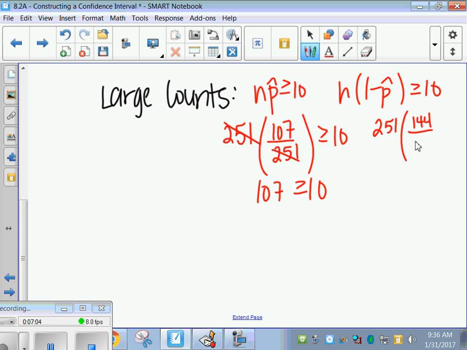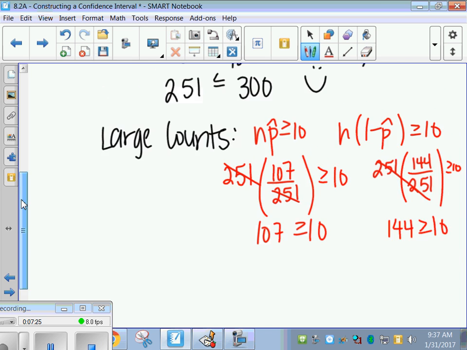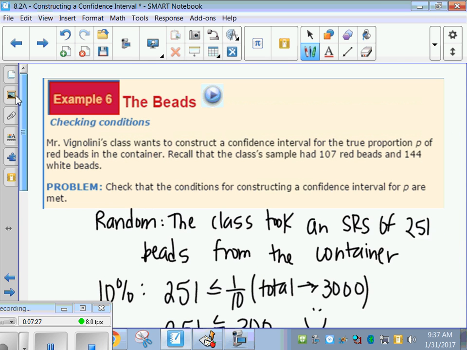So we had 144 that were not red. Greater than or equal to 10. So really we can check 107 and 144. As long as those are greater than or equal to 10, it's the same thing as our np, all right? But if you're going to forget, then make sure you do the np so you don't forget how to do it.